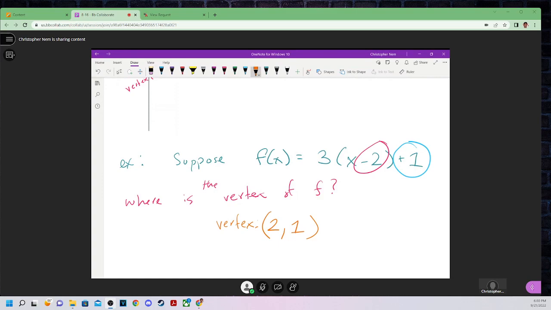Now, for transformation, this is how I remember it. This is right 2, and this is up 1. If I go right 2, the vertex should move right 2. If I go up 1, the y value of the vertex should move up 1. Because remember, the parent graph's vertex is located at 0, 0.